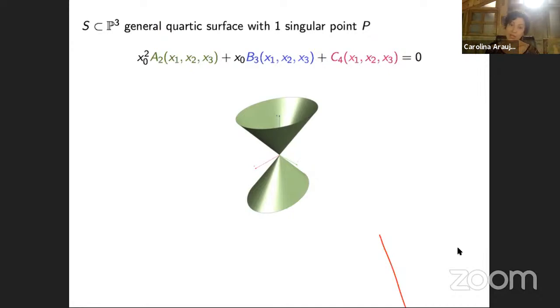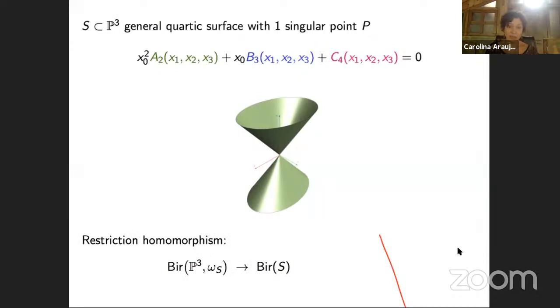This surface has a singular point at P, and locally at P, the singularity looks like the singularity of this quadric cone in green, which is precisely the cone given by the quadric polynomial A2 in green.